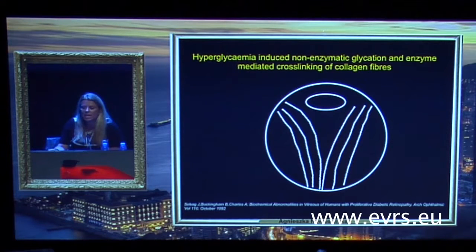They have this because hyperglycemia induces non-enzymatic glycation and cross-linking of collagen fibers. These collagen fibers are exactly the same fibers as in the vitreous. So the vitreous in a diabetic patient is changed. It gets cross-linking, and the cross-linking changes the mechanical properties of the vitreous.